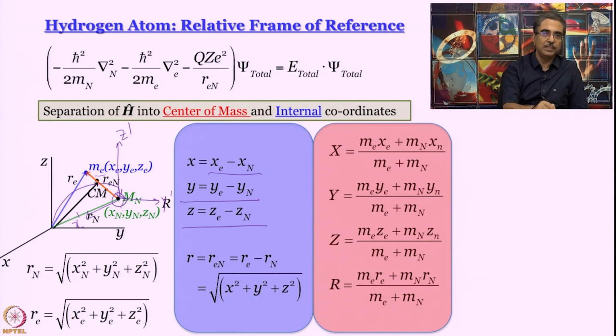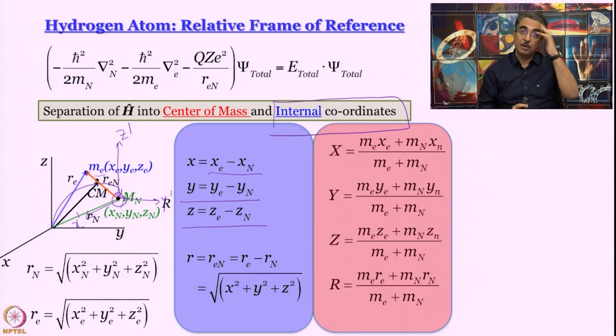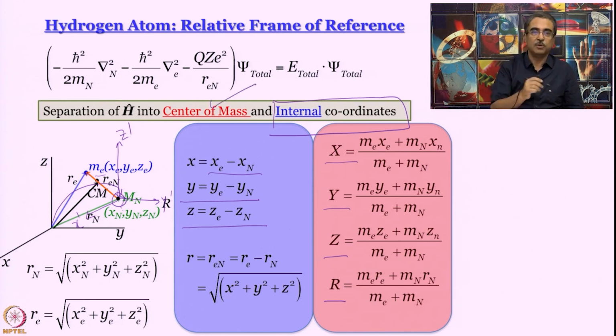So, this arrow that you see here, that is the position vector of the electron in this new transformed coordinate system. So, this coordinate system is called the internal coordinate system. What does that mean? That means this talks about the displacement of the electron in terms of the nucleus. Okay? And the other coordinate system that we do not need to talk about in this course is this. These are mass weighted or center of mass coordinates. When you do this, it is a very standard technique for separation of variables in problems like this.